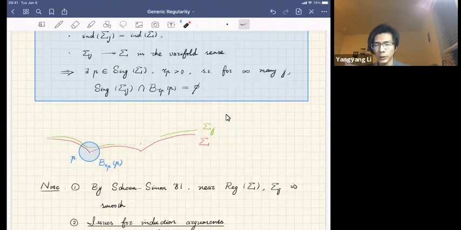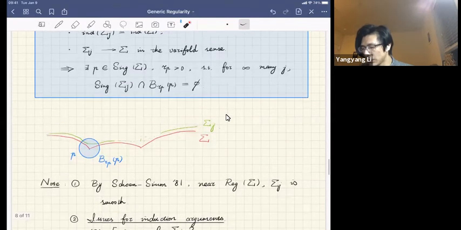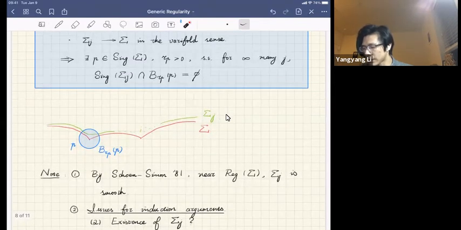Then maybe we only need to deal with the neighborhood of another point, or maybe the other points of sigma. However, there are two issues for this induction argument.